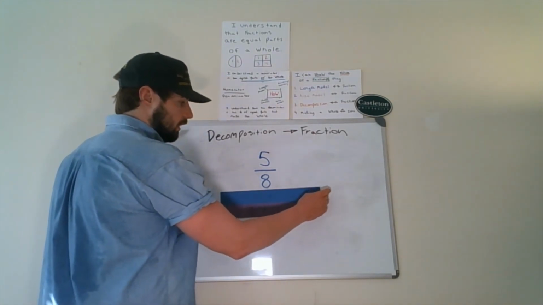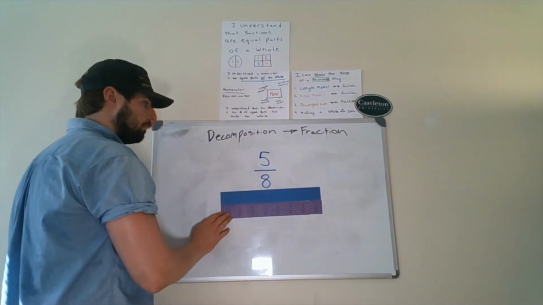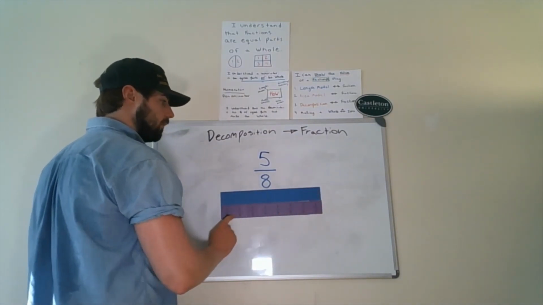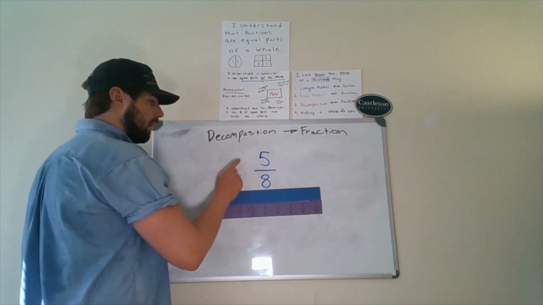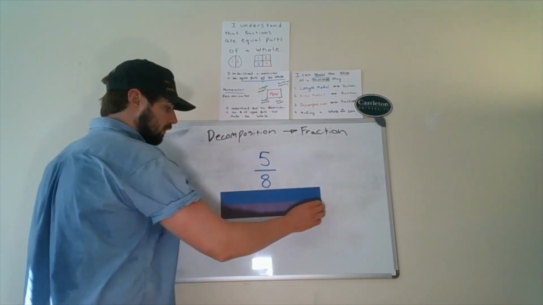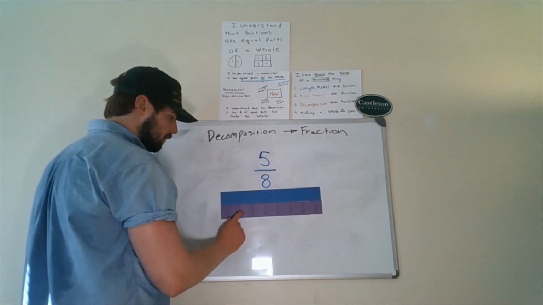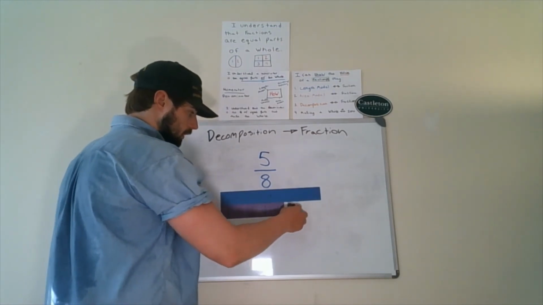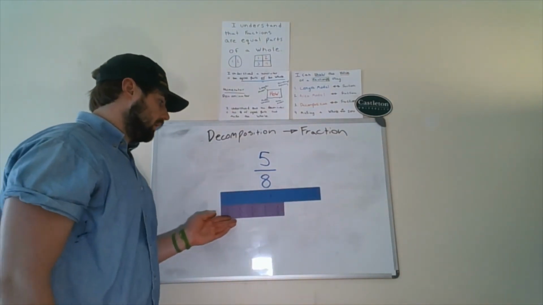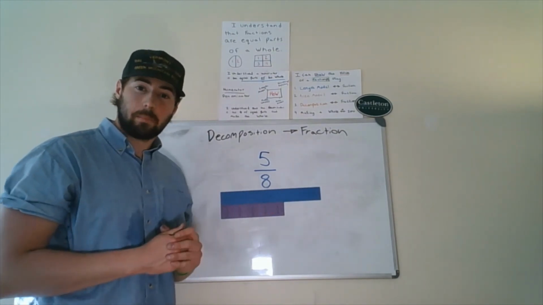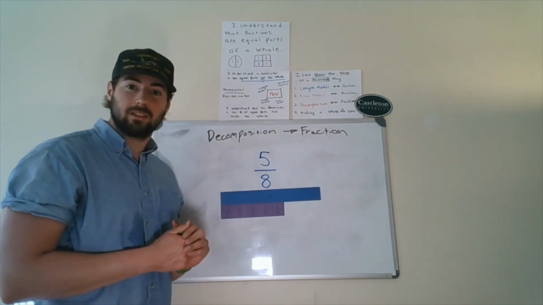It is equal. But we're not talking about a whole. We're not talking about 8/8. We're talking about 5 parts of 8/8. So let's get back to 5. 1, 2, 3, 4, 5. There's our 5/8. It is less than a whole. Now let's decompose it. Let's take all these eighths apart.